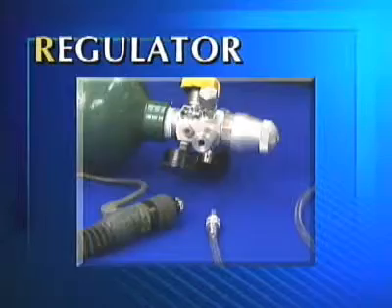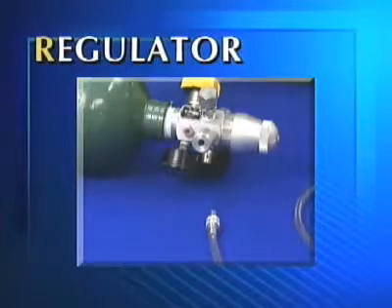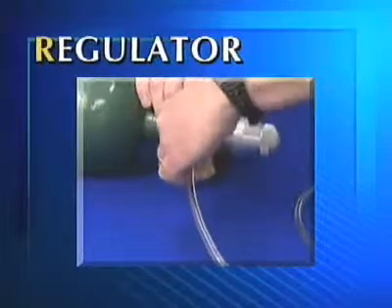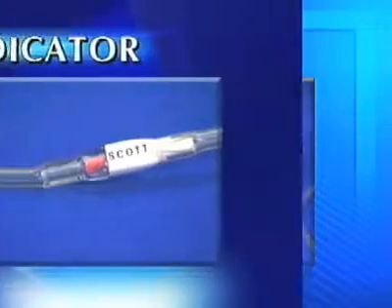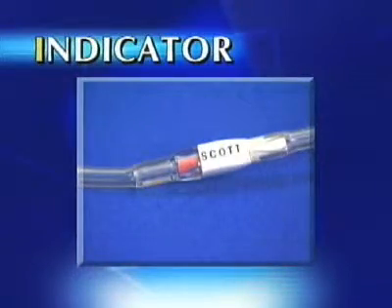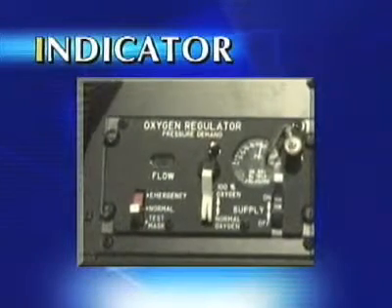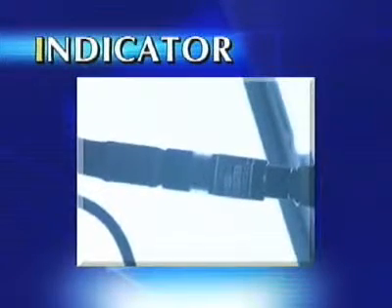If you are using a continuous flow system, make sure the outlet assembly and plug-in coupling are compatible. Indicator: most oxygen delivery systems indicate oxygen flow through the use of flow indicators. Flow indicators may be located on the regulator or within the oxygen delivery tube. You should check the flow indicator whenever the oxygen mask is donned to assure a steady flow of oxygen.